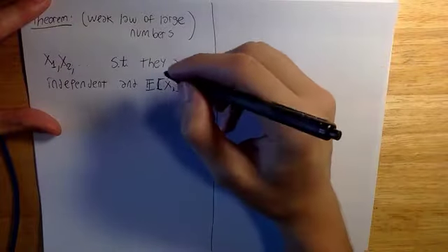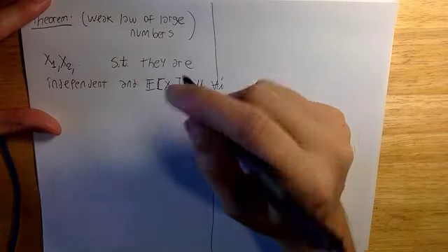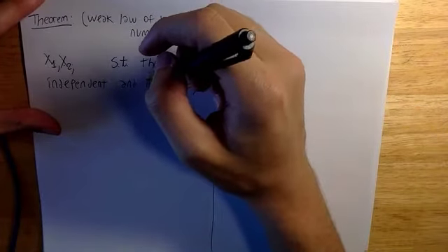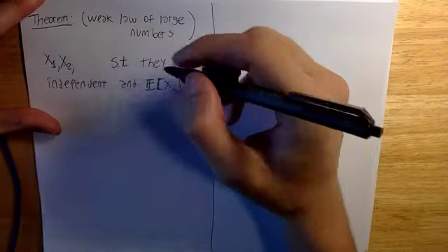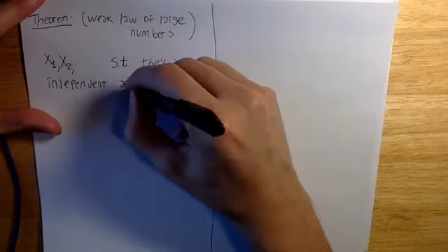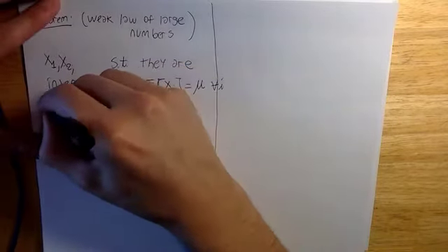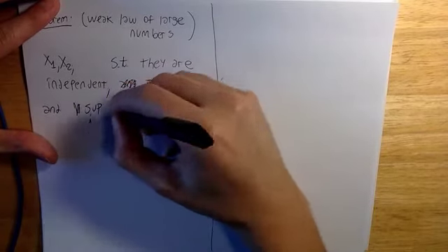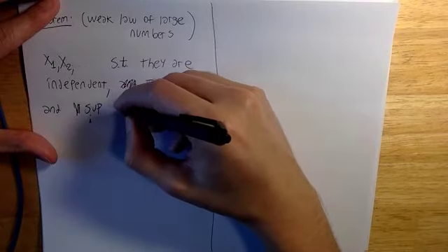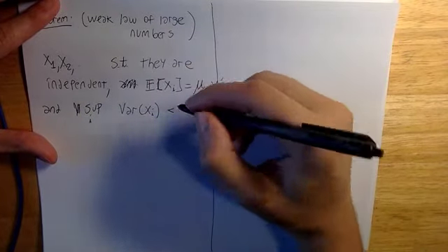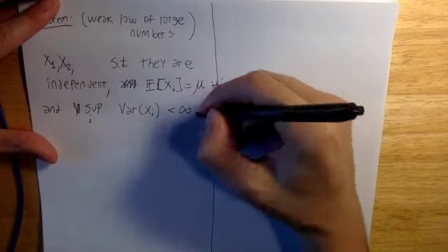So they all have the same expected value. They are independent, the expected value is equal to mu for every i, and the supremum over i of the variance of xi is less than infinity.